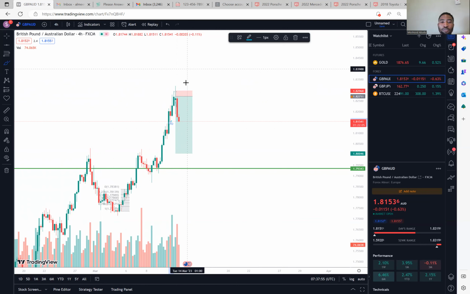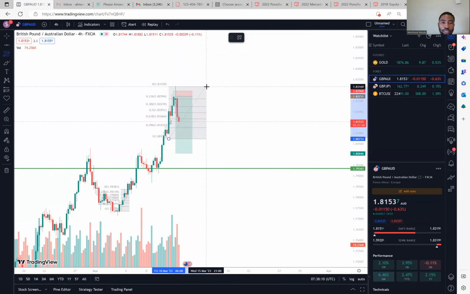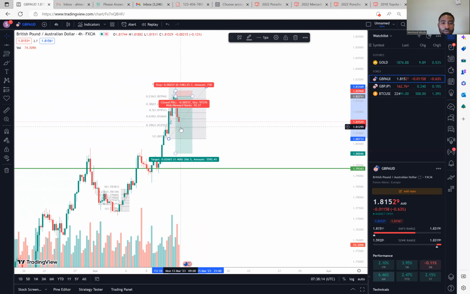So from what I'm seeing, the market is still trending, like an uptrend. If I use my Fibonacci retracement based on the higher high and higher low, the previous higher high, this is the higher low, then I take it to the higher high, right? So we can see the market move to this area, or we can see the market reject at 0.61.